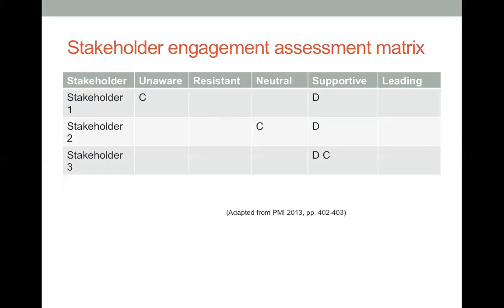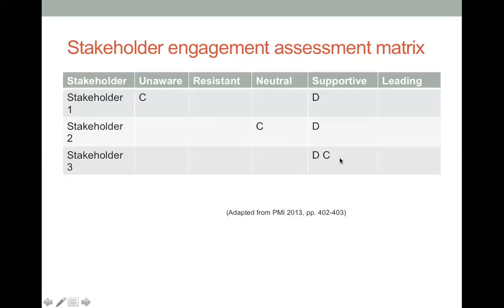We engage with them, we communicate our plan, and when we monitor the activities, we also keep them posted, so we can get their support. For the second stakeholder, we expect them to move from the neutral position into a supportive position.